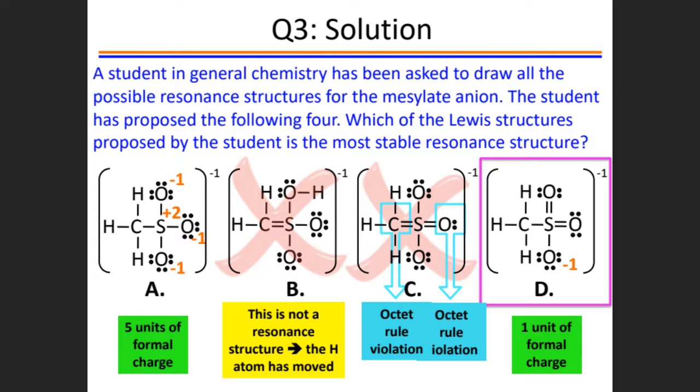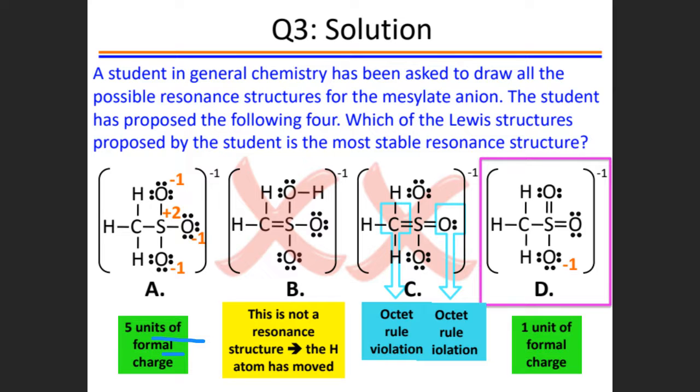So let's see here. If we consider the formal charge here, this is a sulfur with plus 2, and this oxygen has negative 1. But the total formal charge is 5 units, though some will be nullified.